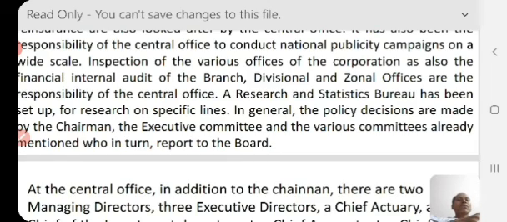Inspection of various offices of the corporation, as also the financial internal audit of the branch, divisional, and zonal offices, are the responsibility of the central office. So it audits all other three levels of the organization. Financial audit is conducted by the central office at various levels.